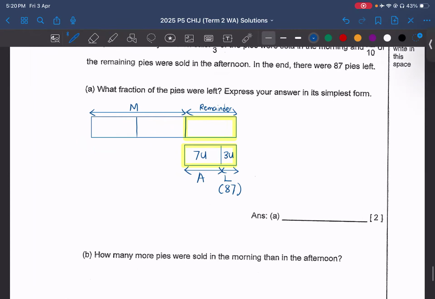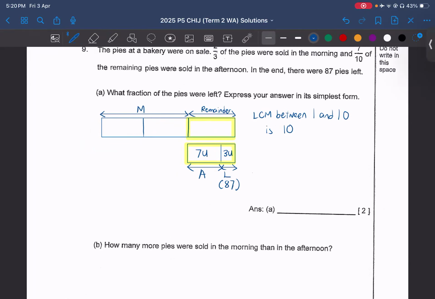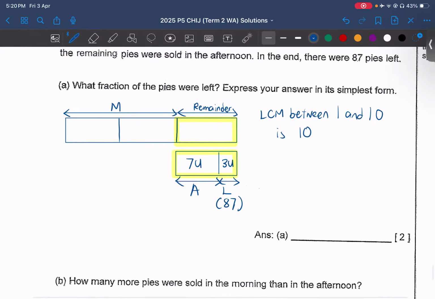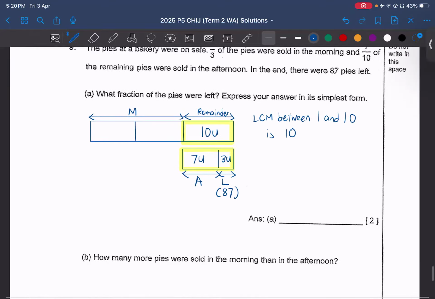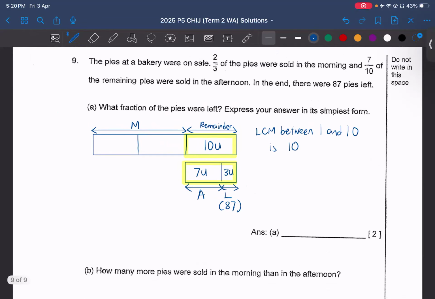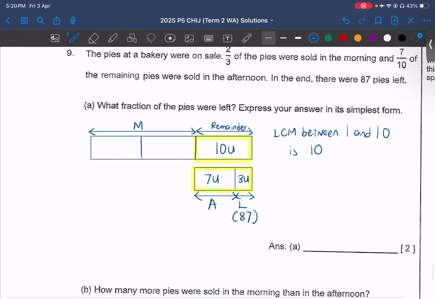To do that, we find the lowest common multiple between 1 and 10, which is 10. Your remainder portion below is already 10 units, so you don't have to do anything to that. For your remainder portion above, it's now 1 box, so to make it 10 units, you have to multiply by 10. So the remainder portion will be 10 units. And what you have for the morning portion is also 10 units for each box. So 10 units for each box here.